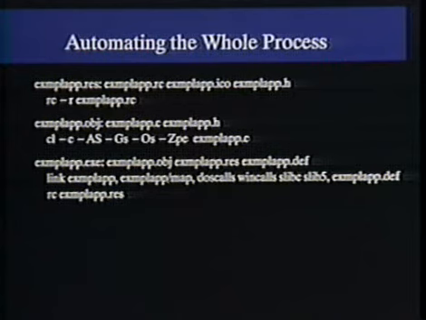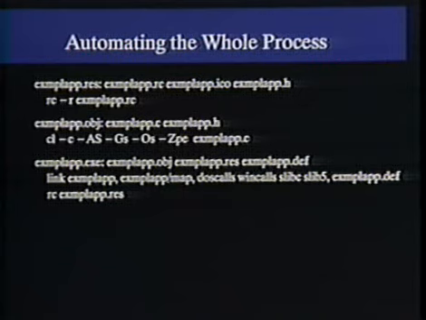new .res file. Looking at the next one, this says the object files are dependent upon the C source file and the header file. If either one of those has changed, then we will rerun the compiler to produce a new one. And then the last part, the exe file is dependent upon the object files that have been created, the res files that have been created by the RC compiler, or the def file.